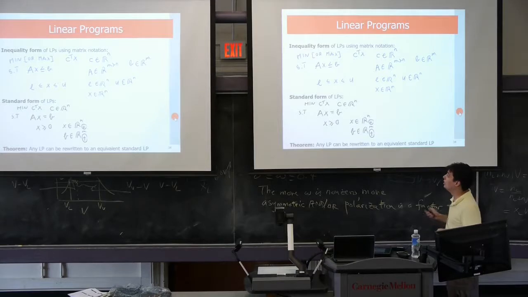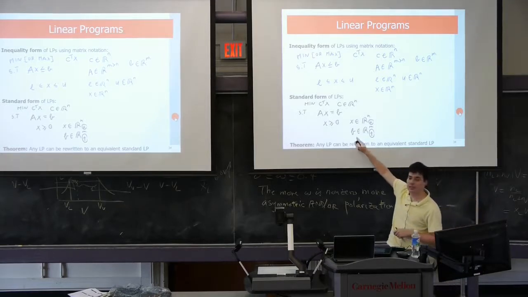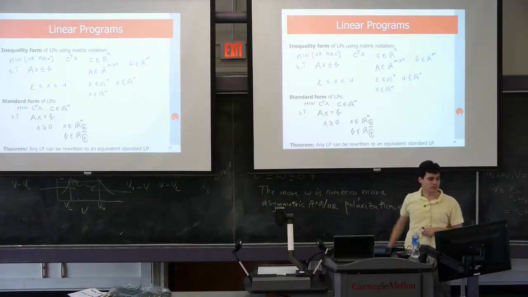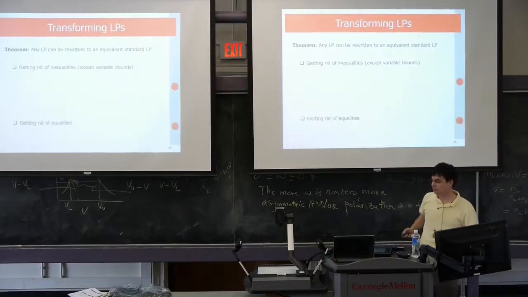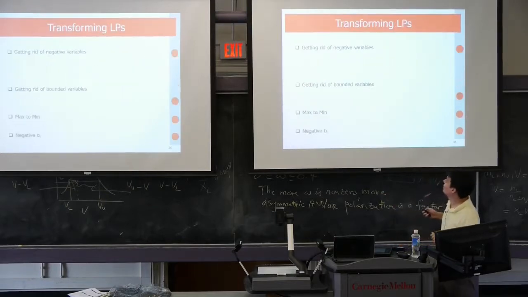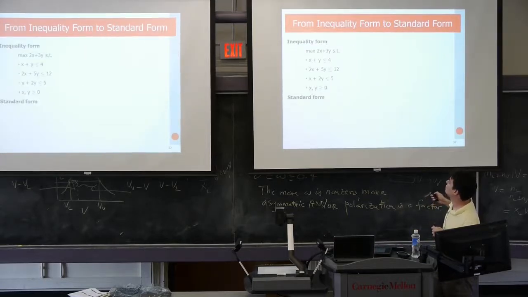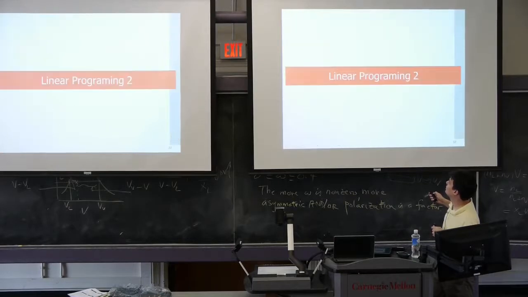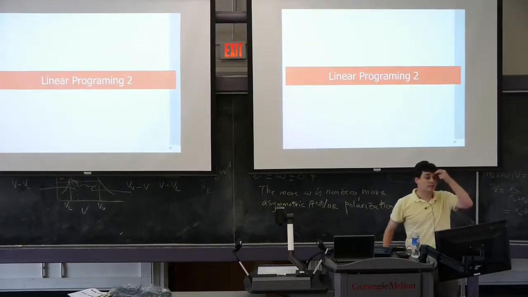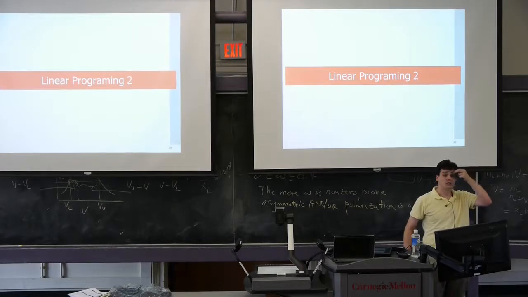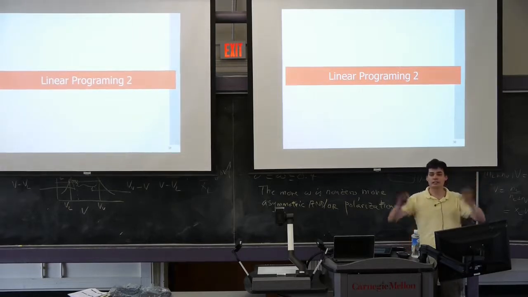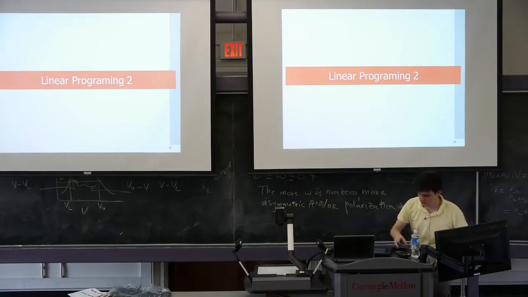That's very crucial. And we will also require that B is non-negative as well. Okay? And we discussed how to get rid of negative variables and so on. And this is where we stopped last time. Questions? Any questions? Everything is clear? Good.